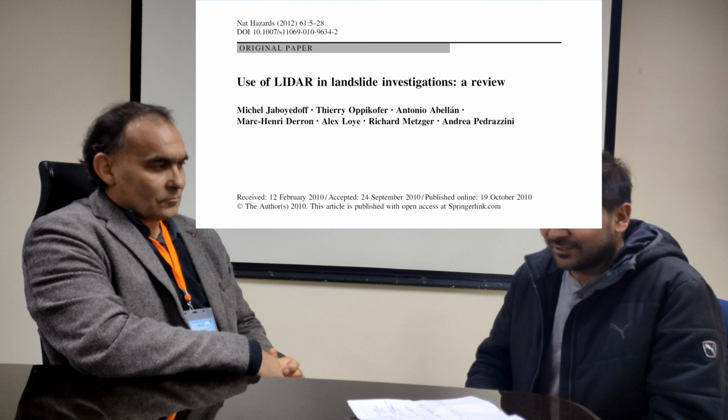That's also an important topic. In fact, it was developed in Switzerland for forestry, mainly, because this was the main topic, which is more important in terms of environmental management and landslides. But this is the good point.